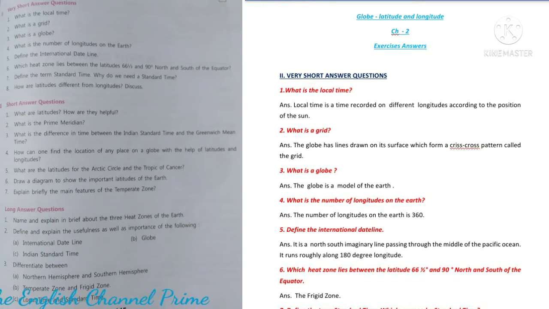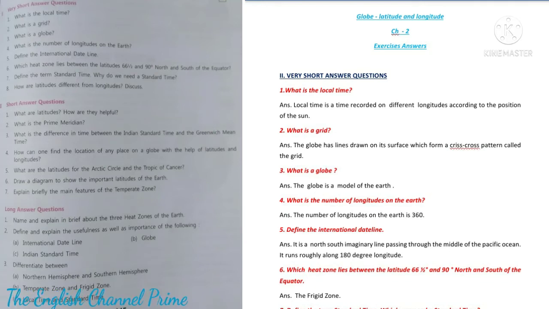Define the international dateline. Answer, it is a north-south imaginary line passing through the middle of the Pacific Ocean. It runs roughly along 180 degree longitude. Sixth question, which heat zone lies between the latitude 66 and a half degree and 90 degree north and south of the equator?